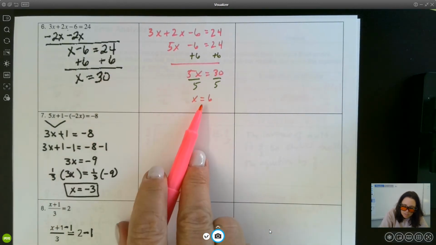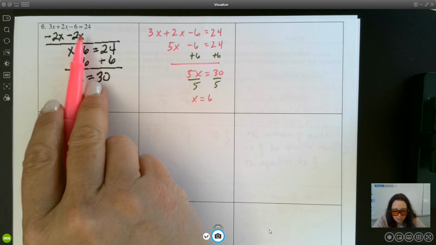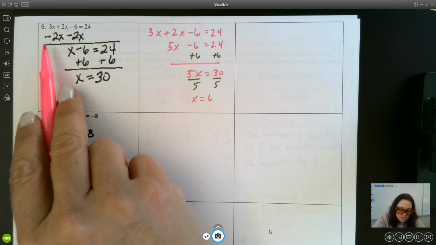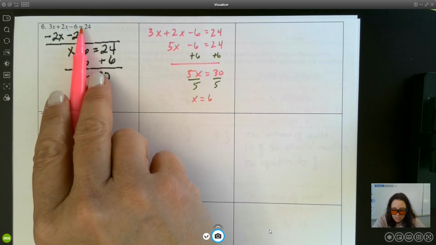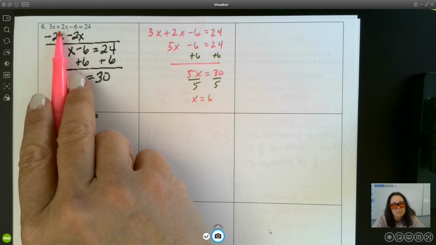Very different answer. Let's see where they went wrong. Oh, they subtracted 2x twice to the left side of the equal sign. You can't do that. You need to combine like terms first if they're both on the same side of the equal sign.